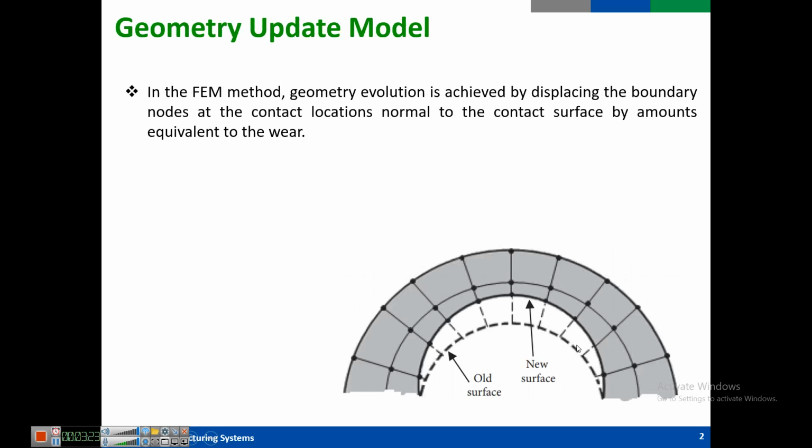As you can see in this figure, when we use the UMESHMOTION subroutine during wear simulation, after every pass the nodes move down. For example, in this picture this is our old surface, and after the pass this is our new surface.